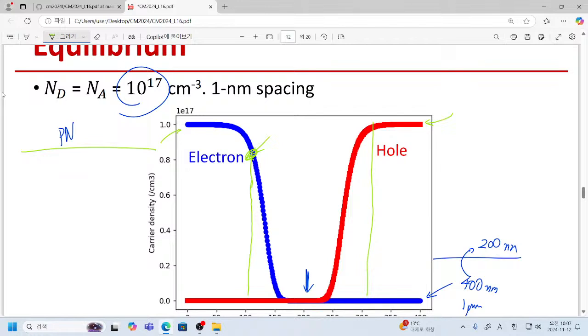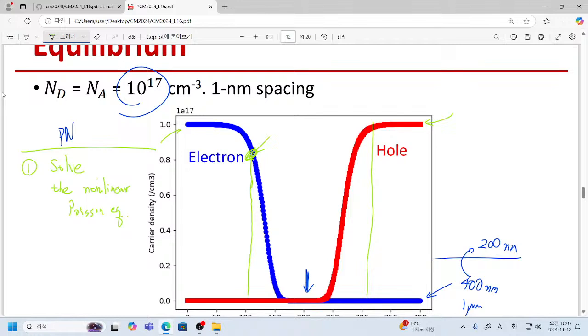For this system, this p-n junction, first solve the nonlinear Poisson equation. I hope that all of you have already done it for a different situation, so I think that you can also solve the nonlinear Poisson equation.